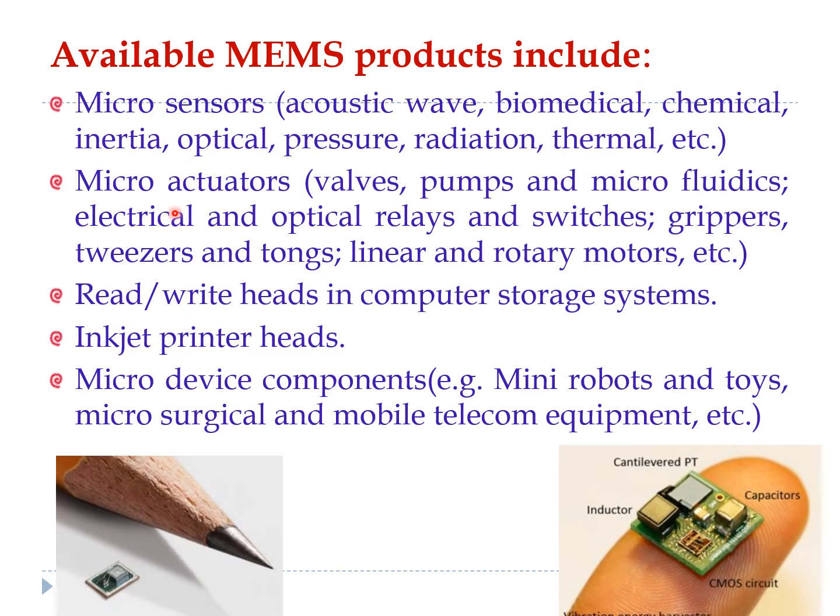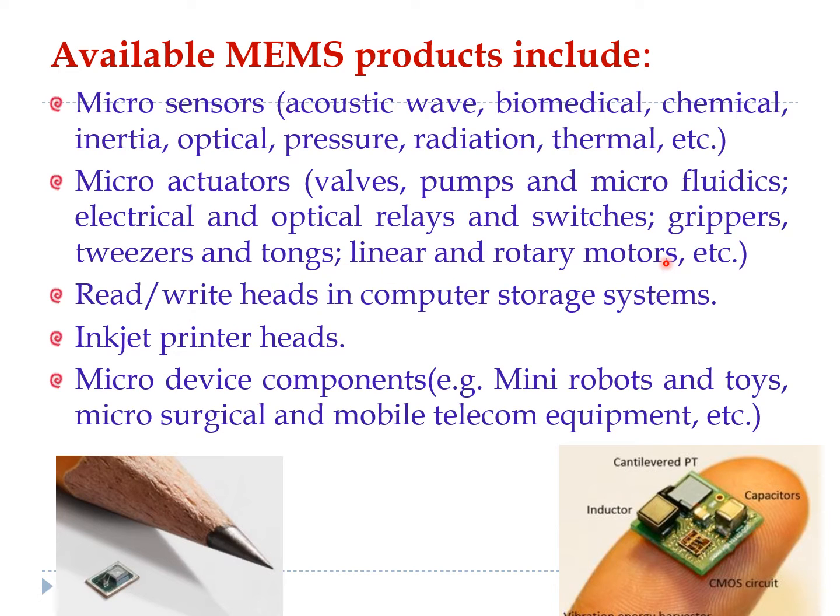In the same way, for actuators, we have plenty of micro devices such as micro valves, micro pumps and microfluidic devices, electrical and optical relays and switches, grippers, tweezers and tongs to pick up micro level devices, and linear and rotary motors.